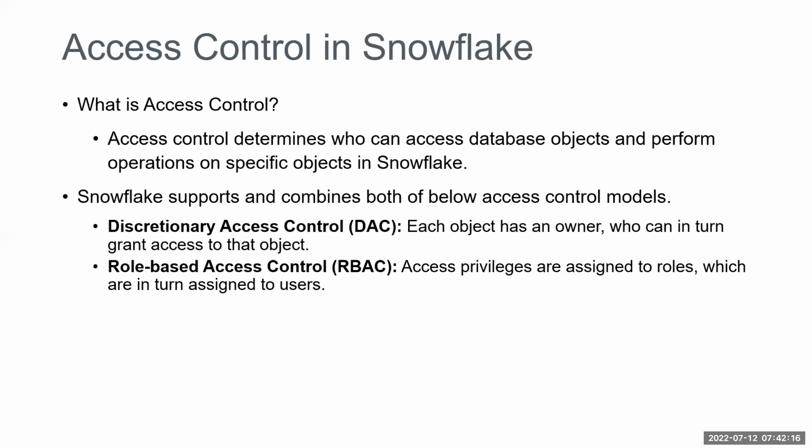Suppose I have 10 developers. I will assign all those 10 developers to the developer role so that they can do anything. And if I have two business analysts, I will assign those two to the business analyst role so that they can only select the data from the database. So it's completely role-based access control. We are going to define some set of roles and assign those roles to users.